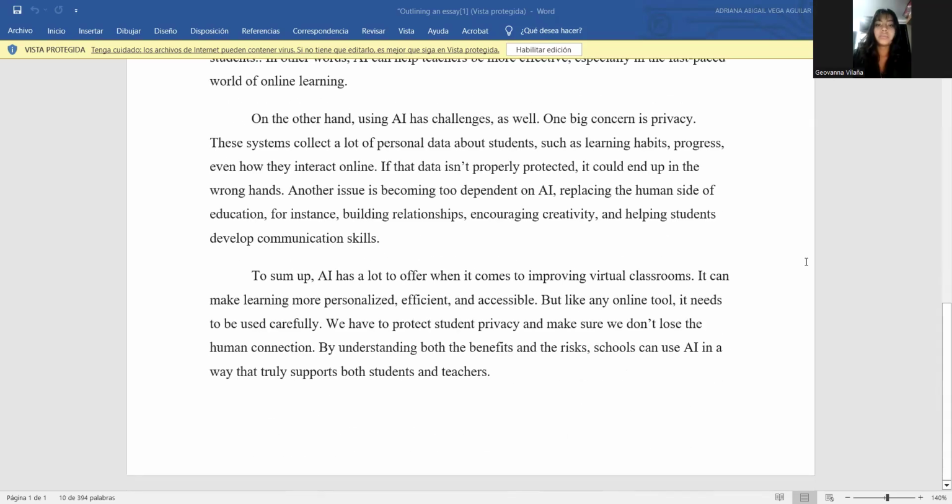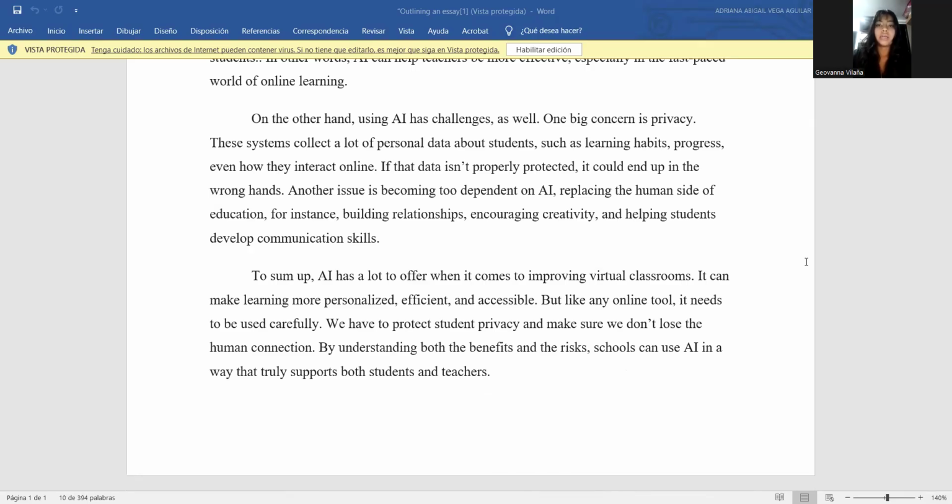To finish, I will explain the conclusion of our essay and how we use the outline to organize our ideas. In the conclusion, we reaffirm the main idea that artificial intelligence has many advantages, such as personalizing learning or supporting teachers, but it must be used with care.